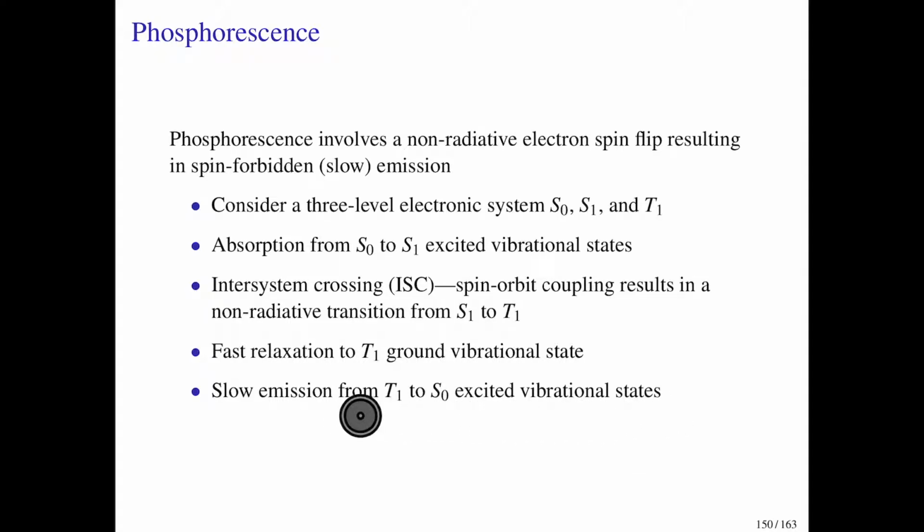However, this process is spin forbidden because you're going from a triplet to a singlet state, and there are selection rules against that type of thing. However, when the spin orbit coupling within the electronic system is large enough, you can bend these selection rules. So even though the process is so-called spin forbidden, it can still occur. It just occurs with a very small rate. Hence, phosphorescence is a slow process.